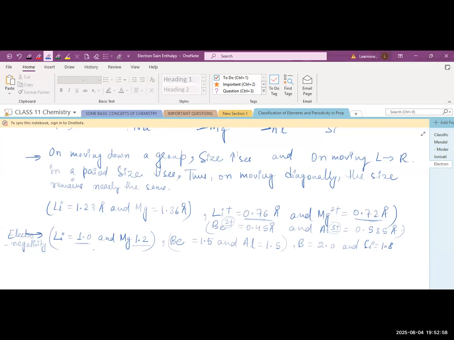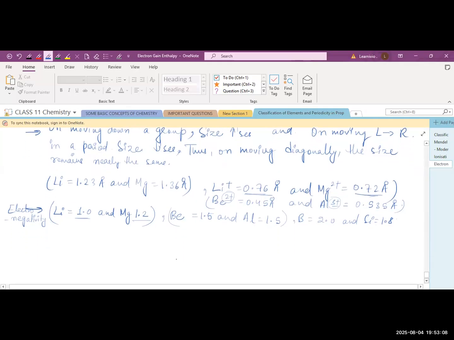So they both form the weak bases. Right. Lithium hydroxide, LiOH, and your Mg(OH)2, right? Both are bases because lithium and magnesium both are hard metals, right?